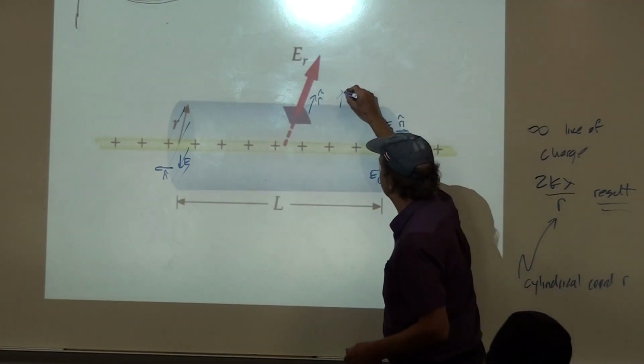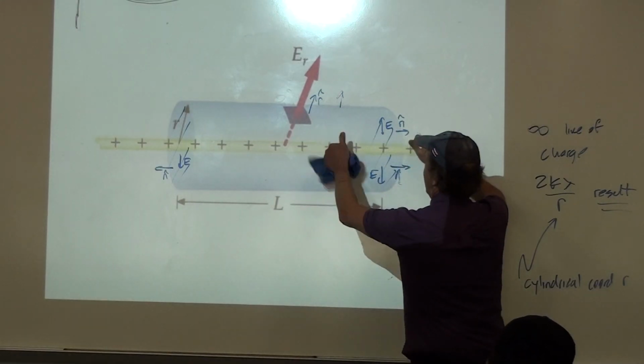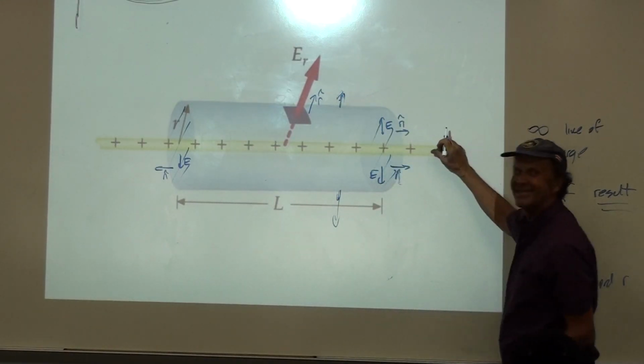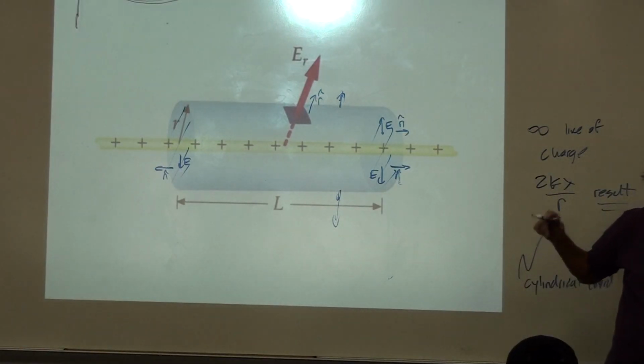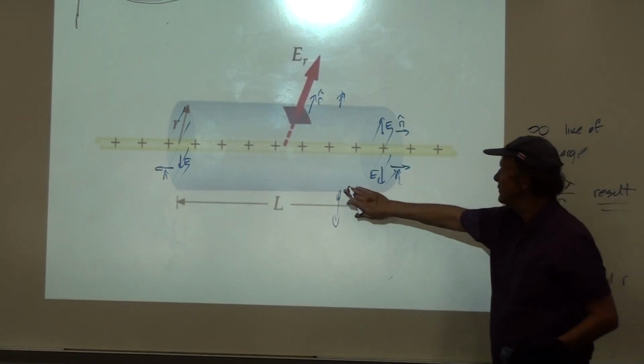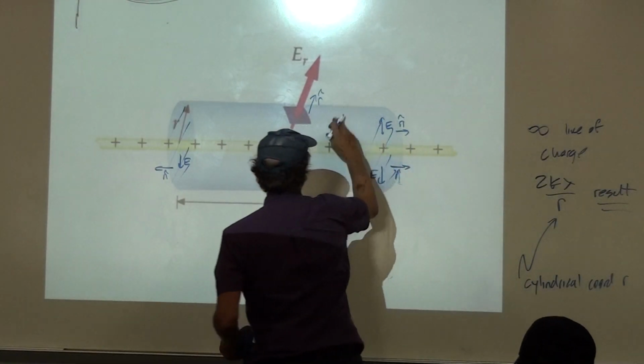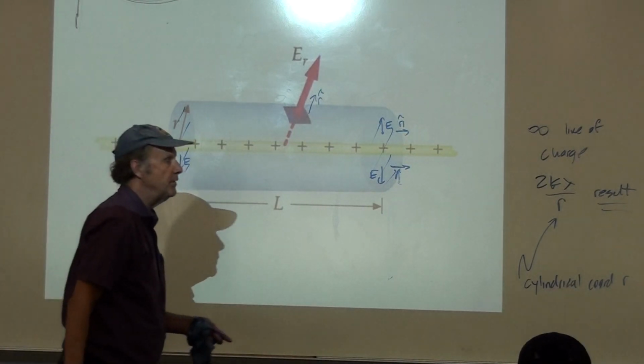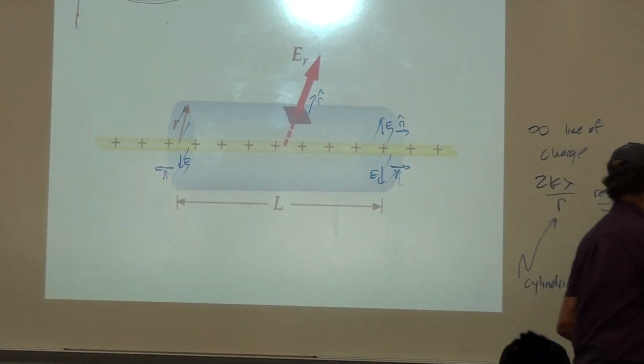If it was stronger on this side, weaker on that side, and you turn this thing, then that would change the field pattern, but you didn't change the symmetry a bit. It's still a cylinder or a line. You haven't changed. So that means the electric field has to be always in the r hat direction. There are more rigorous proofs for that, but that one I think is good enough.